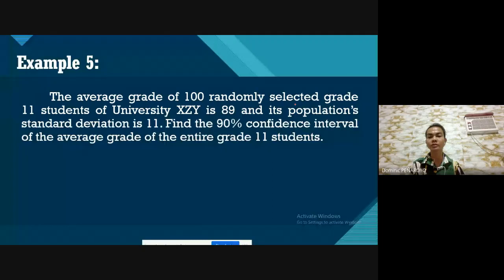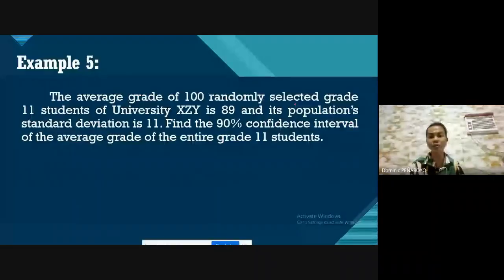Before we proceed with finding the 90% confidence interval, what is first the best point estimate here? Again, that is just the sample mean value. So the sample mean, or the x bar, is 89. Next, what is the Z alpha over 2 of a 90% confidence level?